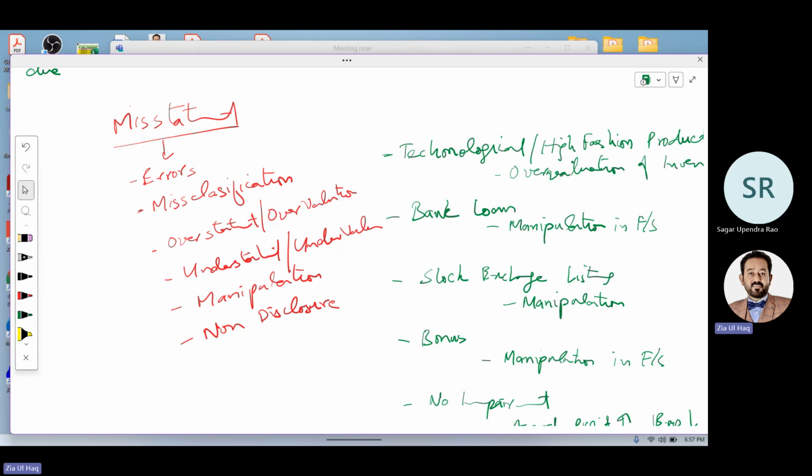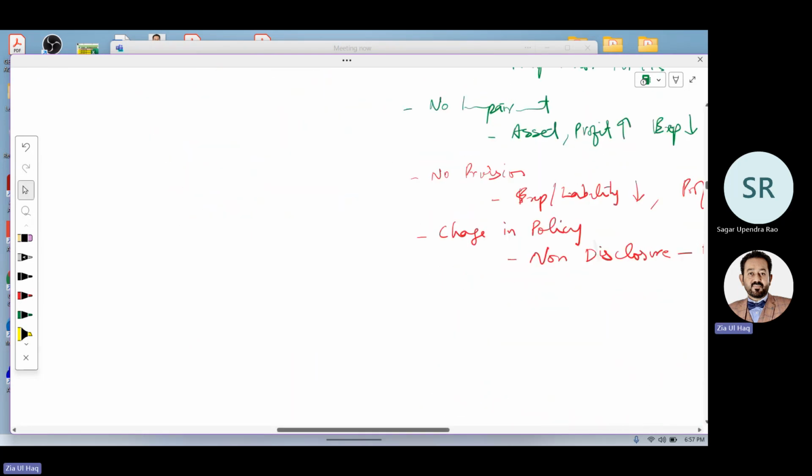Accounting standard IAS 1 says if a company has a going concern issue, there should be disclosure in the financial statement. If the company is not disclosing the going concern issue as per the accounting standard, there is a chance of misstatement in the financial statement. So non-disclosure, the chance that the company may not disclose in the financial statement, will also be called inherent risk.